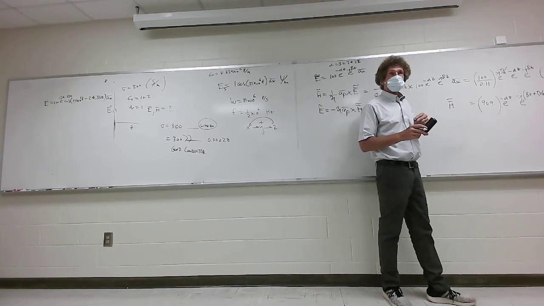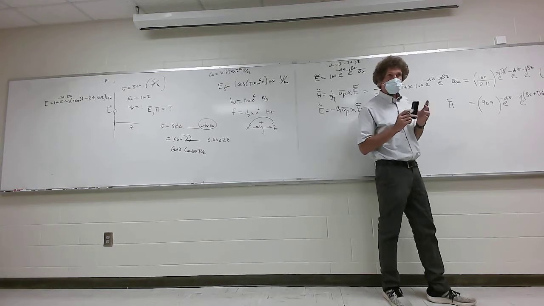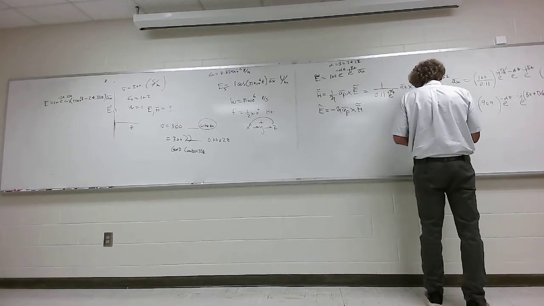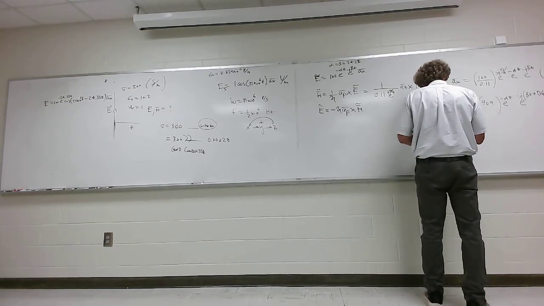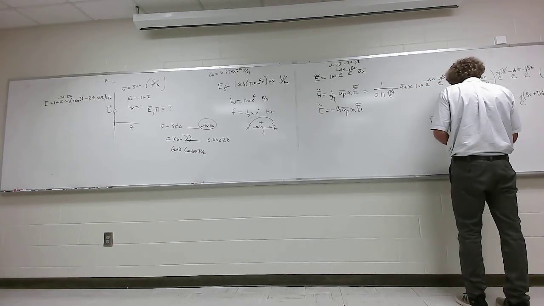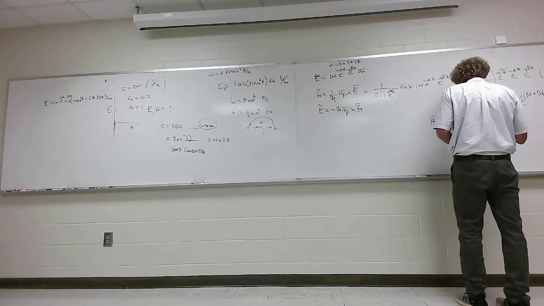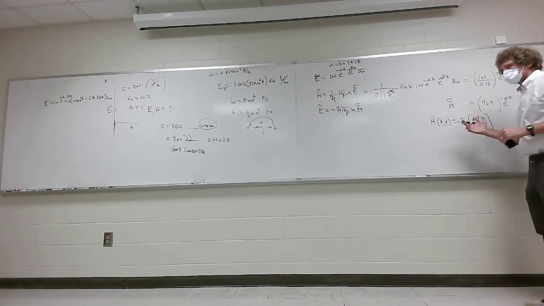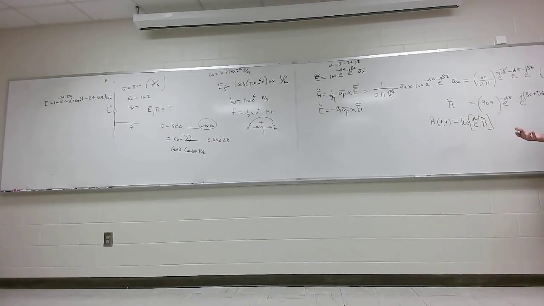Do you remember how we get the time domain form? I mean, the technical formula is what? H in the time domain as a function of z and t would be the real part of e to the j omega t times H vector phasor, right? Isn't that the formula I've given you before, class?